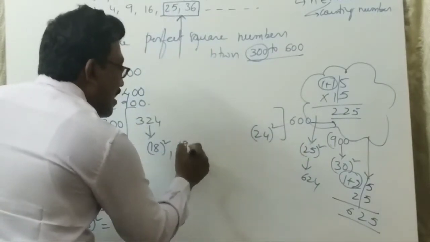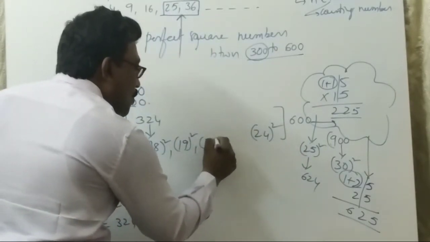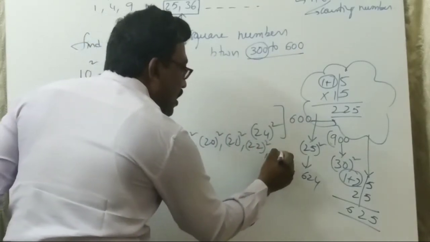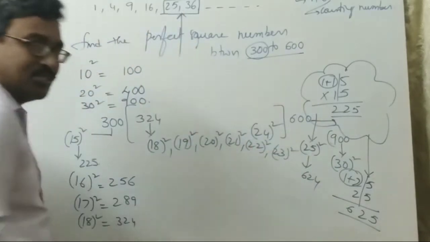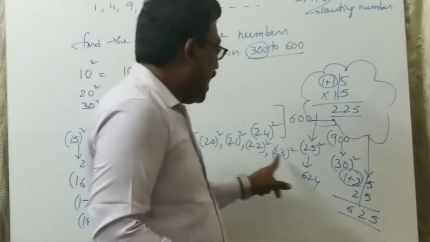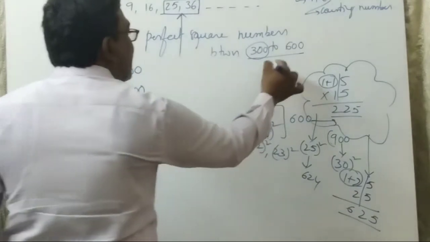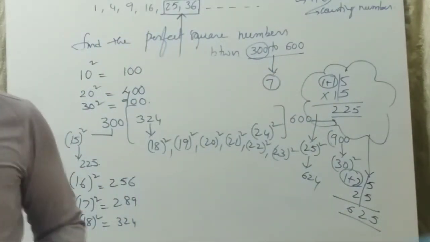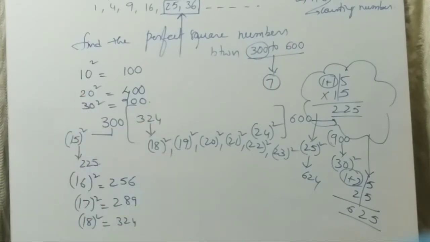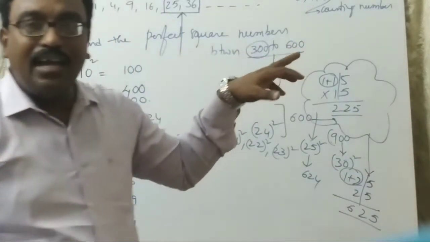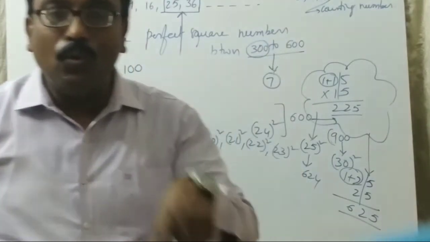So 18, 19, 20, 21, 22, 23 and 24 square. Okay. So 1, 2, 3, 4, 5, 6, 7. There are 7 perfect squares that lie between the two numbers. This is the way to find out how many perfect square numbers are there in between any two numbers.